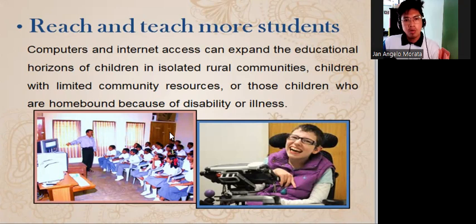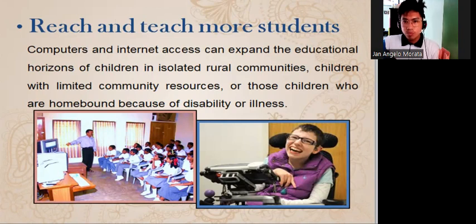So one teacher, merong 40 to 60 students. So it is very hard for teacher to maintain the classroom management sa ganyang setup. But because of technology, because of computer, we can cater a lot of students. Okay?